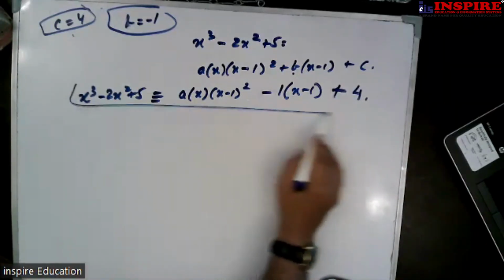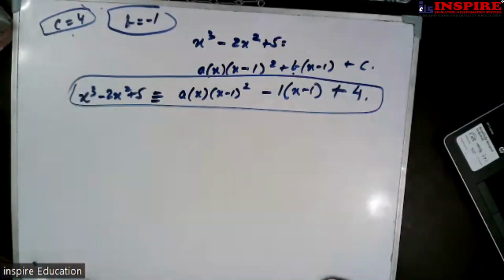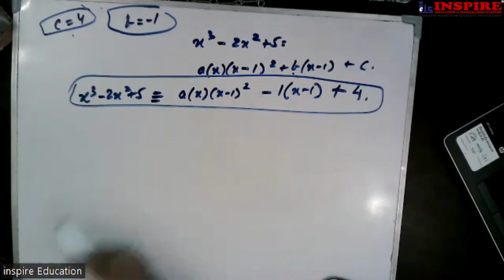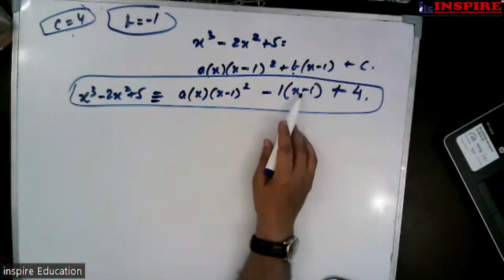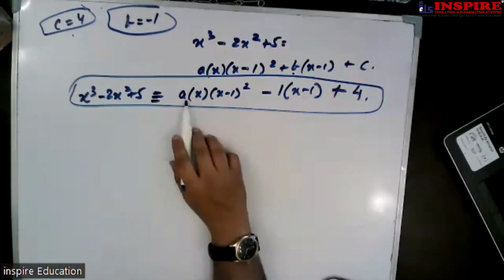This is my new identity. Is everybody with me? This new identity will offer me an opportunity to find the value of a. I want to still find the value of a.